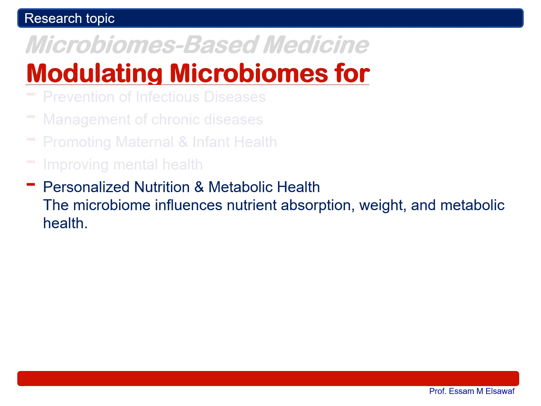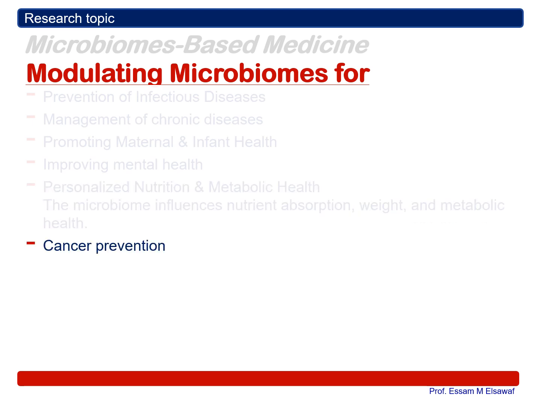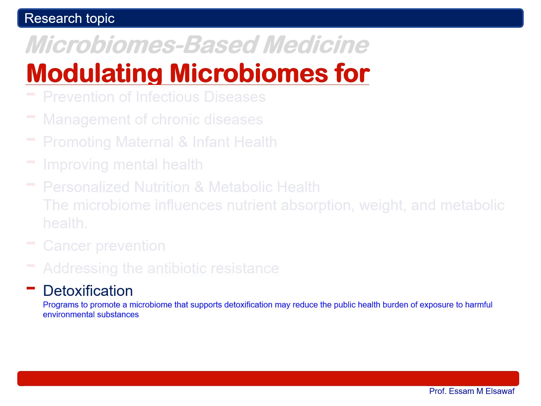We can say that personalized nutrition tailors diets to support the microbiomes, which affect nutrition absorption, so it can be used for weight control and for overall metabolic health. Also, it can be used in cancer prevention, in addressing antibiotic resistance. Also, it can be used in detoxification.